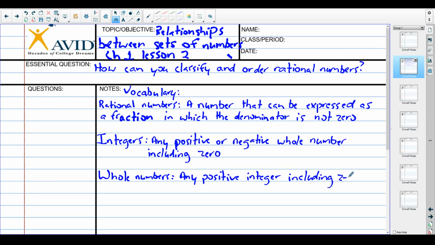So what's the difference between these two? Well, whole numbers you would start at 0 and it just gets bigger. So 0, 1, 2, 3, 4, 5. Whereas integers also include all of your negative numbers. So really the big addition to integers are your negatives. Okay? So whole numbers, all your positives.